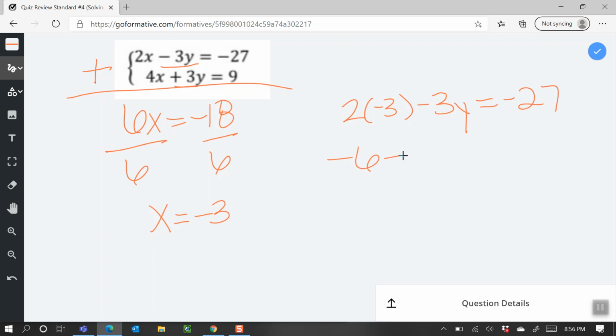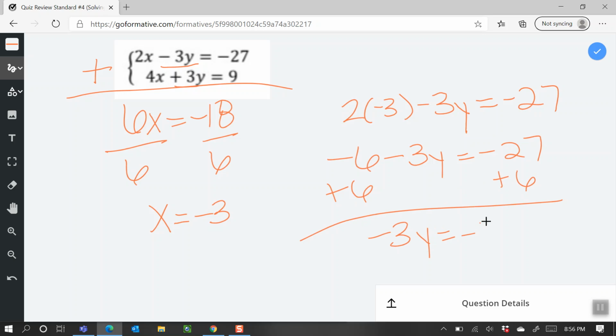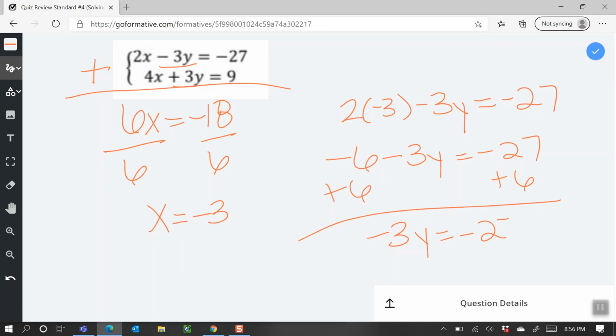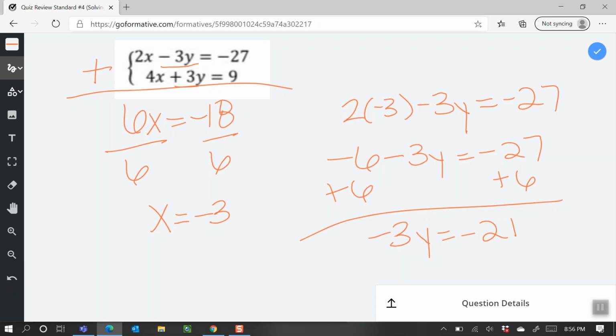Negative 6 minus 3y equals negative 27. Add 6. Negative 3y equals negative 21. Divide by negative 3. y equals 7. So my answer is negative 3, 7.